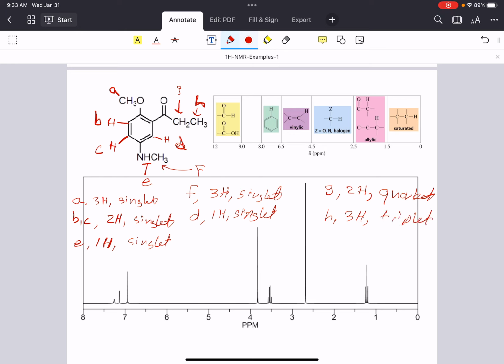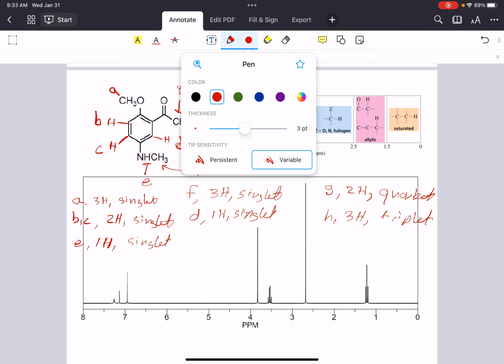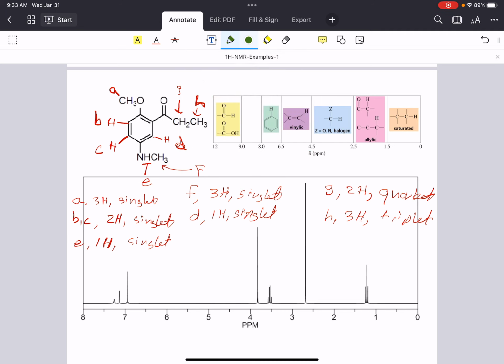Okay. So we've gone through and found all the different hydrogens. We've mapped out a little bit about their splitting patterns. And now we need to think about chemical shift in terms of trying to assign each of these things. So let's actually start with H and G, because I think those are the easiest ones, because those are the ones that have a splitting pattern that we can hold on to.